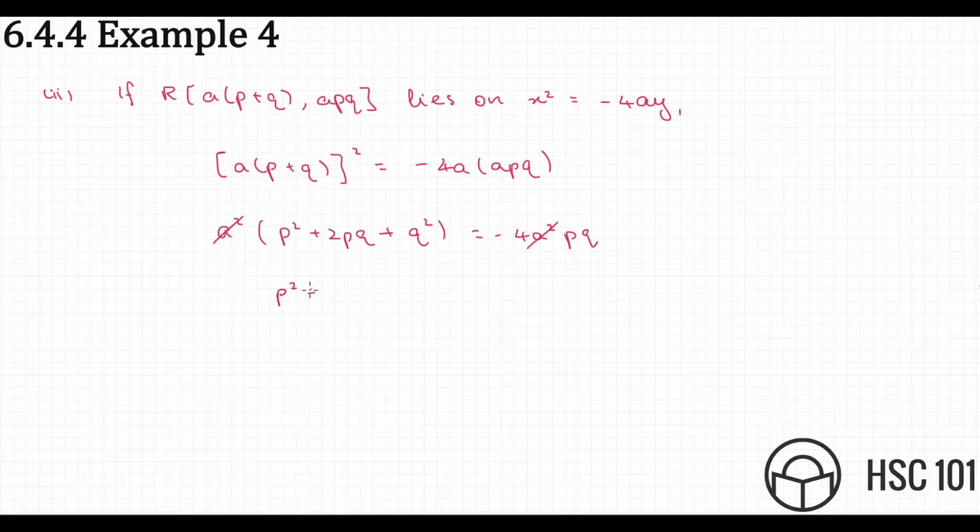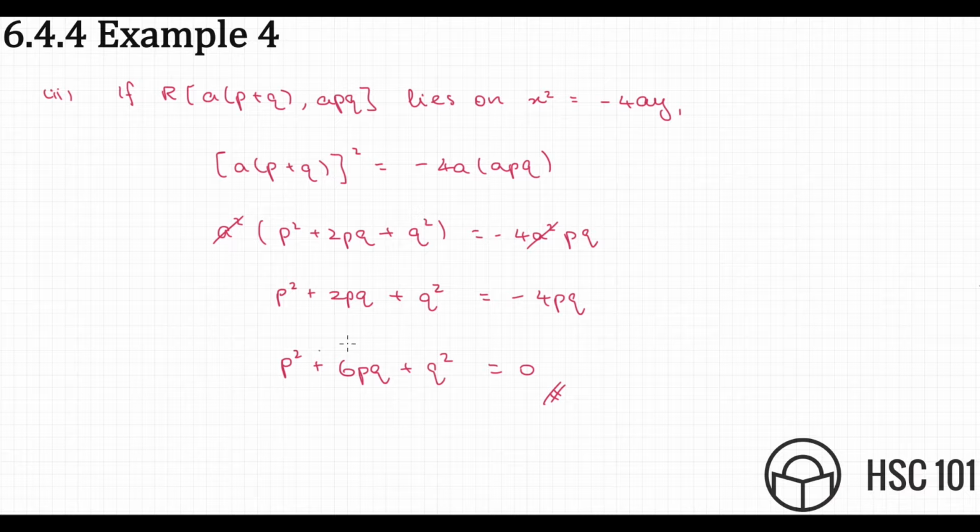What we've got is p squared plus 2pq plus q squared equals negative 4pq. Moving negative 4pq from the right to the left, we've got p squared plus 6pq plus q squared equals 0. That's what we have for part 2.